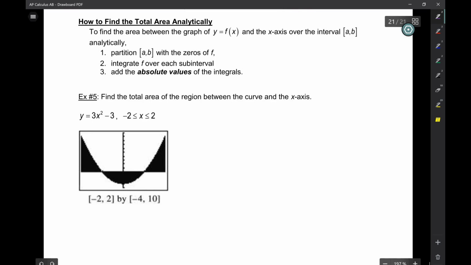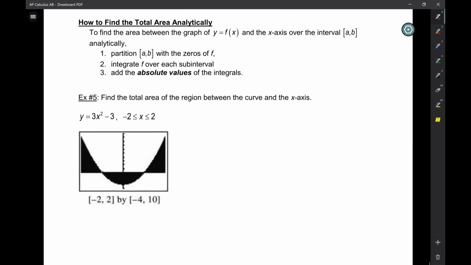Okay, now, total area. You've got a function like this, and look at this function. Most functions are not just going to be above or below the x-axis. They're going to fluctuate, right? So, how to find the area between the graph, the function, and the x-axis?